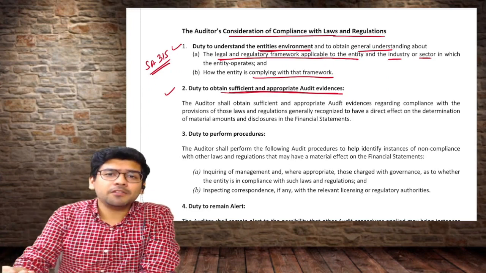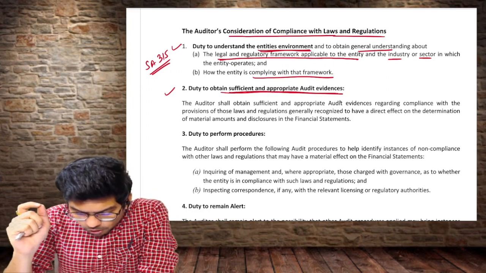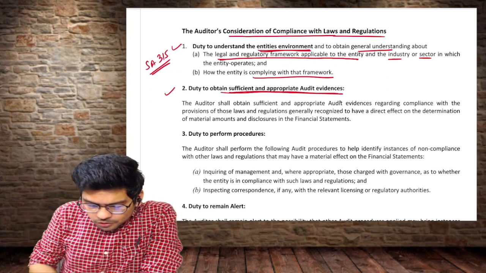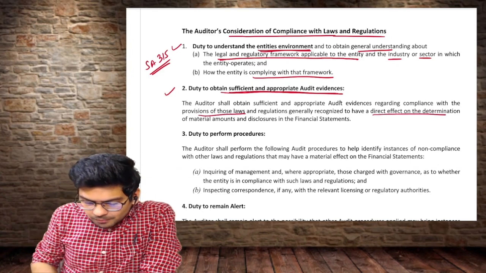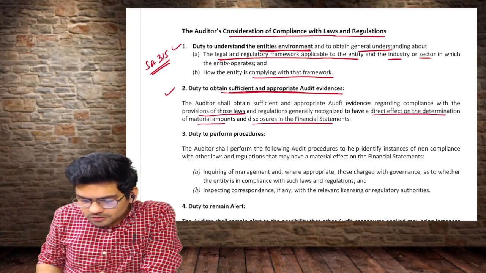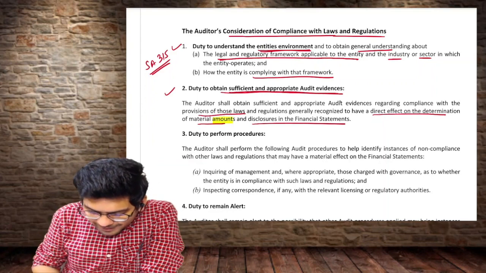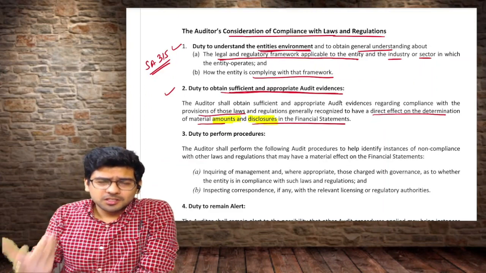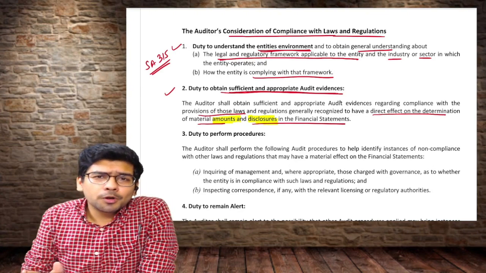And how does he obtain evidence? You all know he applies procedures and he obtains evidence, right? So the auditor shall obtain sufficient and appropriate audit evidence regarding compliance with the provisions of those laws generally recognized to have a direct effect on the determination of material amounts and disclosures in the financial statements. So those laws which have an impact on the amounts as well as disclosures in the financial statements, for example income tax provisions, GST, bonus, etc. How will he be obtaining sufficient and appropriate audit evidence?